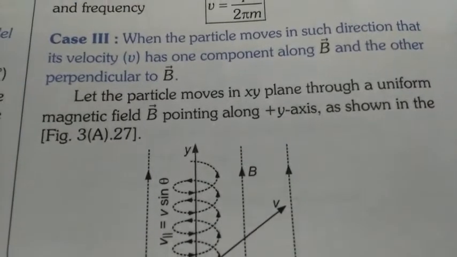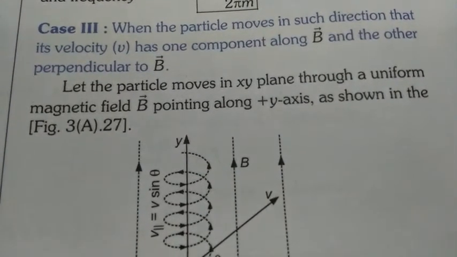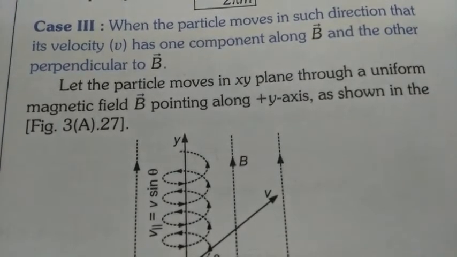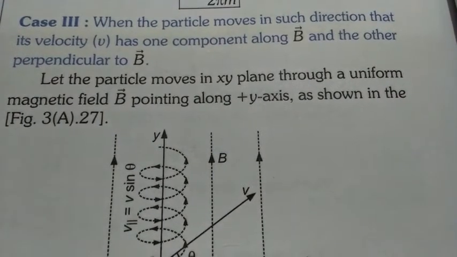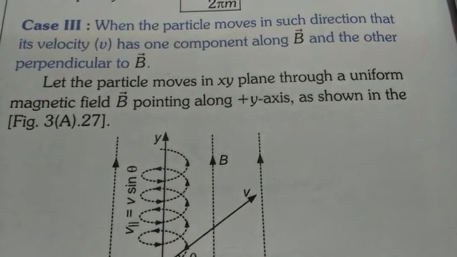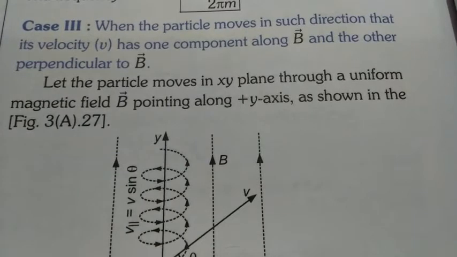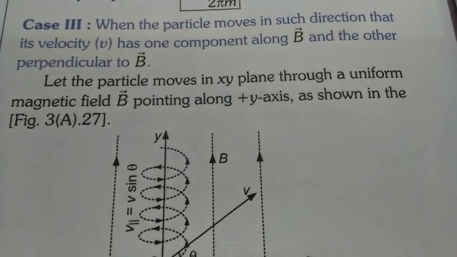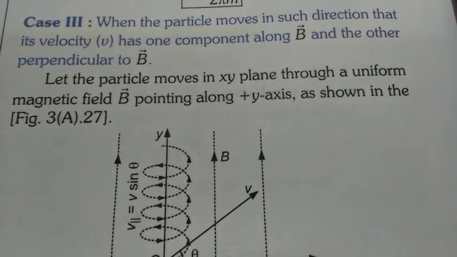Now in case 3, the particle moves in such a direction that its velocity has one component along B and the other perpendicular to B. So here what we have assumed is that the particle is moving in circular motion. When the particle is moving in circular motion, what kind of force will it experience and how does it affect its path, that we will see now.